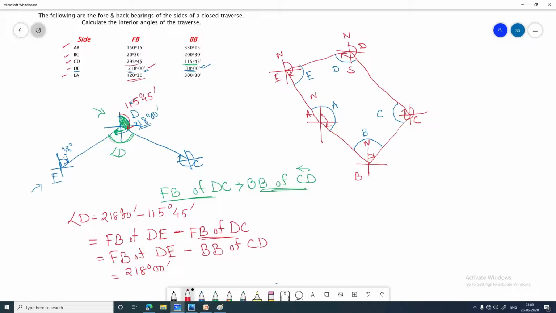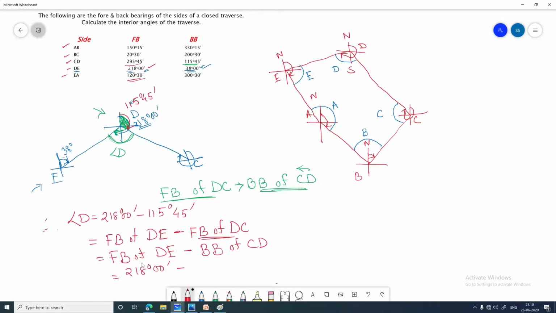Now no need to memorize this particular thing, these are not formulas. You just see the traverse and you just see the values, that means the angles which are given, and you can directly determine the angles. They are very simple things, and this is very important also.